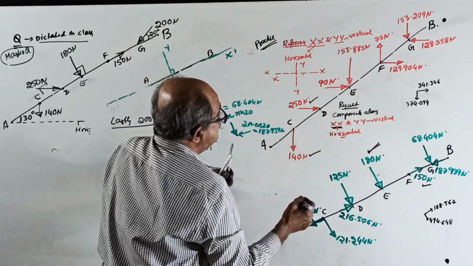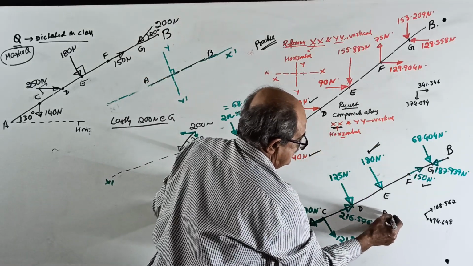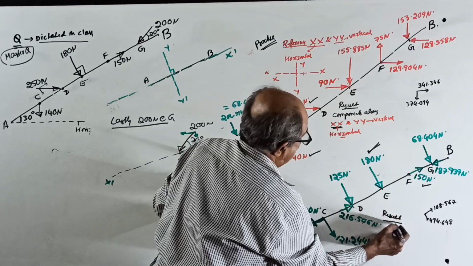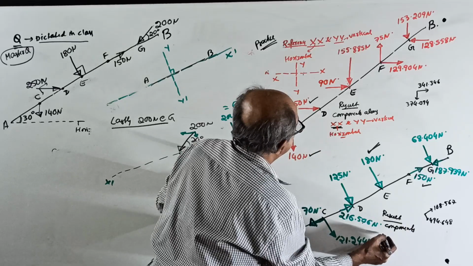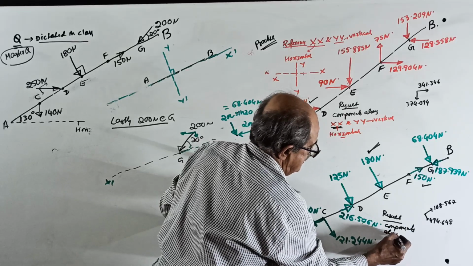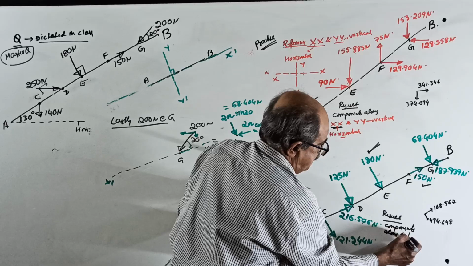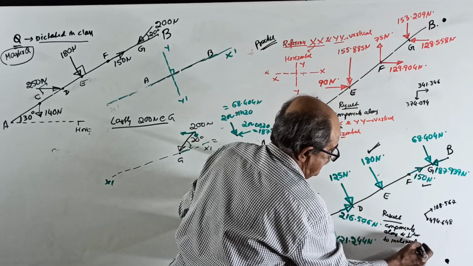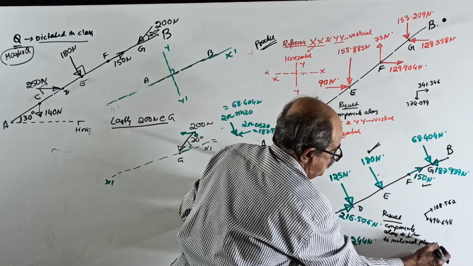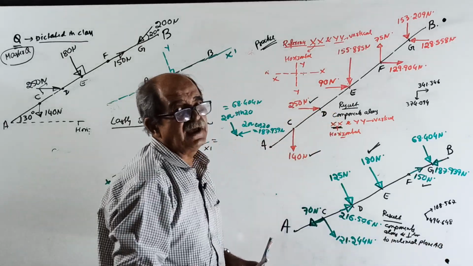This is the result of components along and perpendicular to inclined plane AB. You don't have to write x dash, y dash like that.